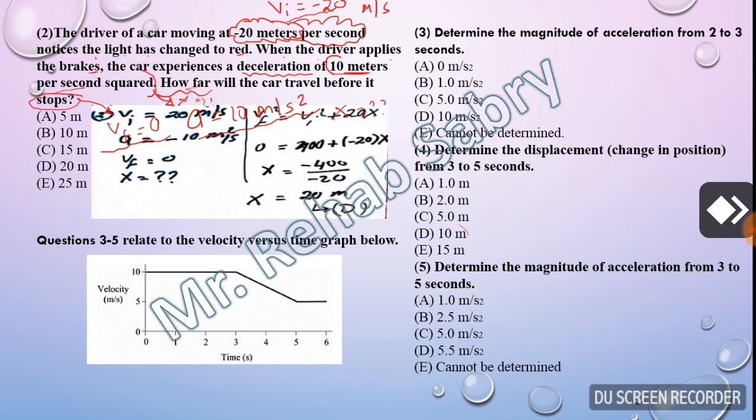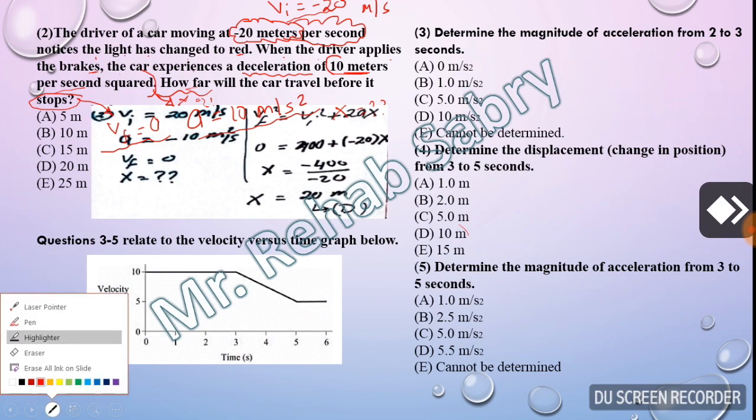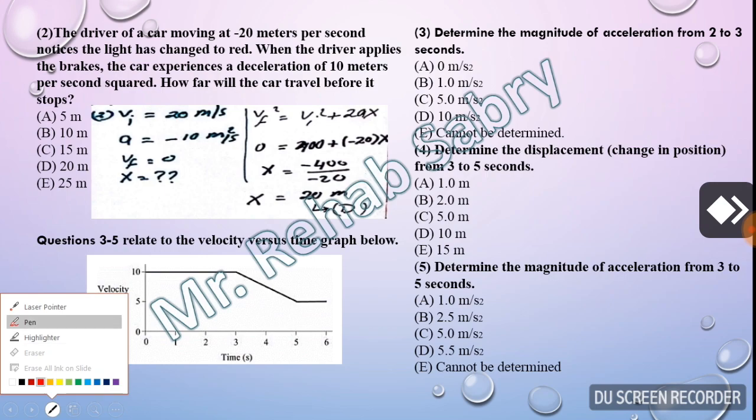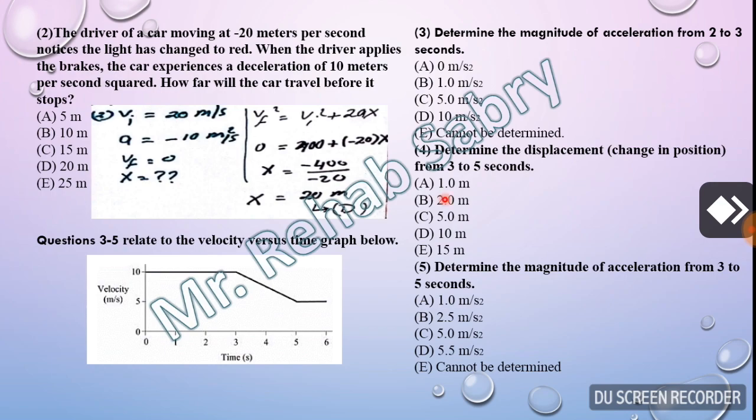So the givens are Vi equal 20 meters per second, a equal negative 10 meters per second squared, Vf equals 0, and x is unknown. The equation is the fourth one, V final squared. V final is 0, Vi squared is 400.